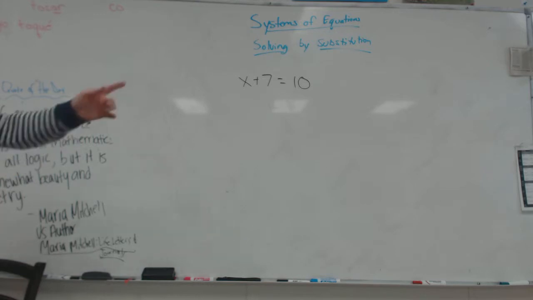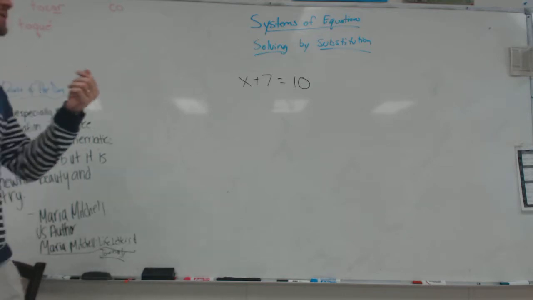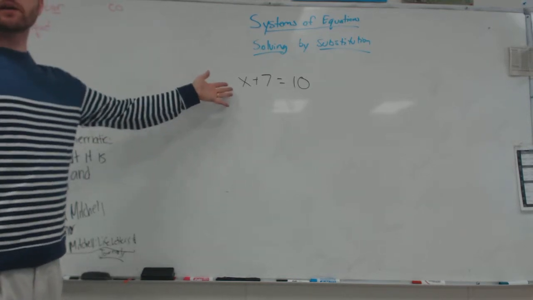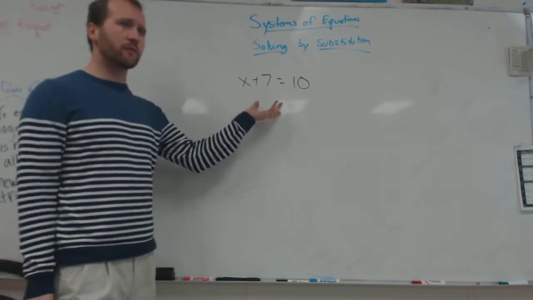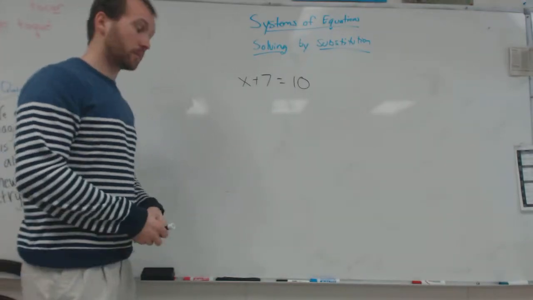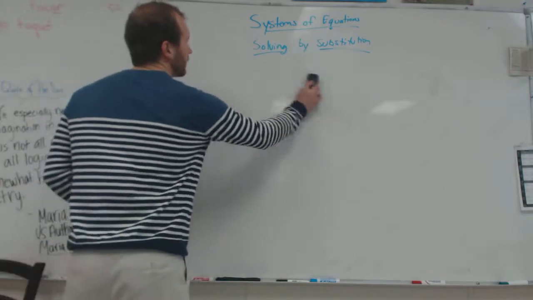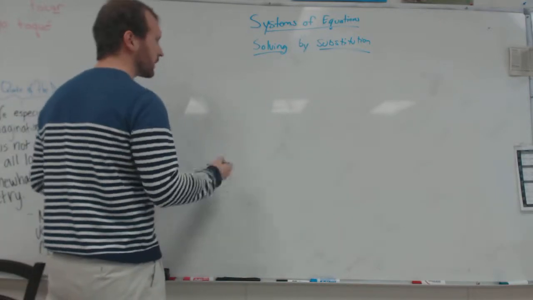No. What is that, in fact? That is just a one variable equation. What would you do with that? You would subtract 7 and find out what x equals. X equals 3. Okay. Is this a system of equations?